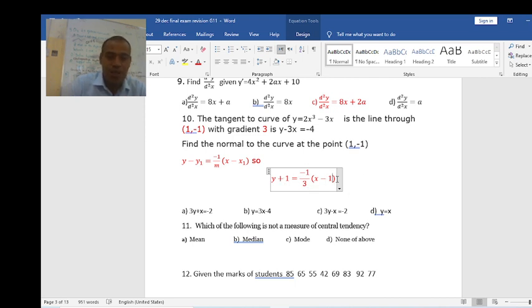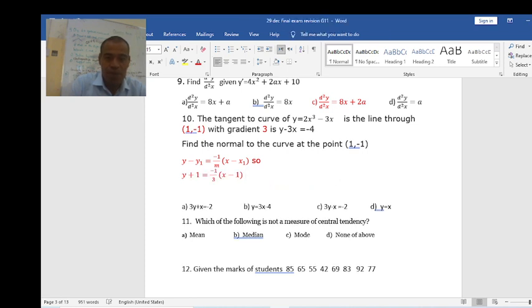This implies that 3 times y plus 1 is equal to negative 1 multiplied by x, which is negative x, and negative 1 multiplied by negative 1 is positive 1.